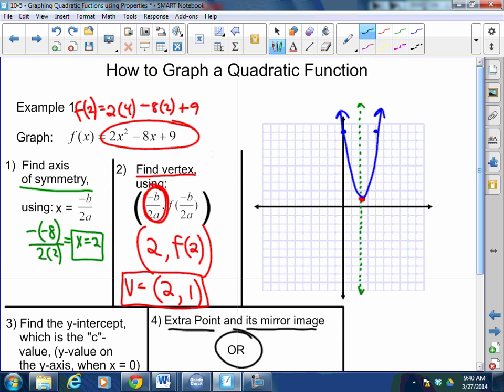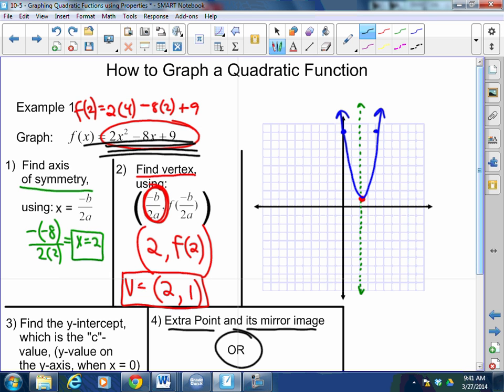But eventually, I'm going to ask you to solve by graphing. So not only do you have to graph, but then you have to find the x-intercepts. How would you find the x-intercepts? You use the square root method, factor, complete the square, or the quadratic formula. Then you'll have your x values. You plug those in and connect everything nicely. We'll do an example like that now.